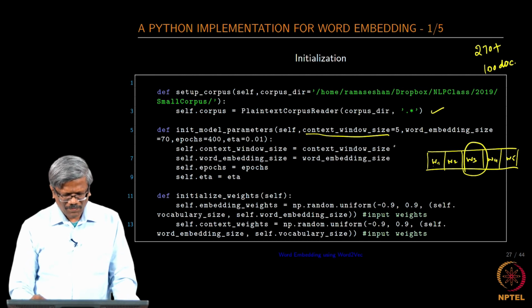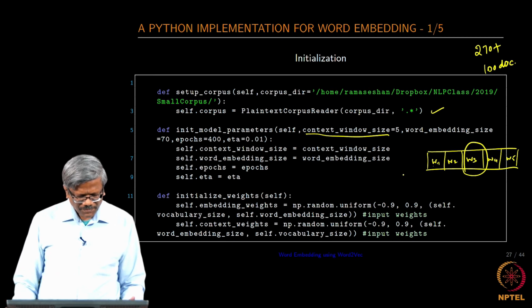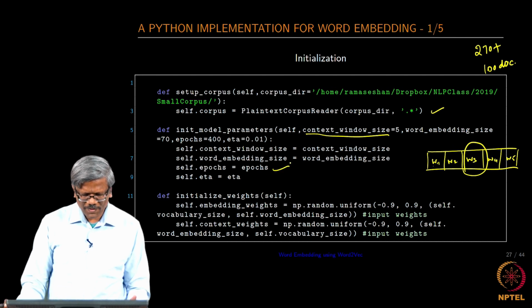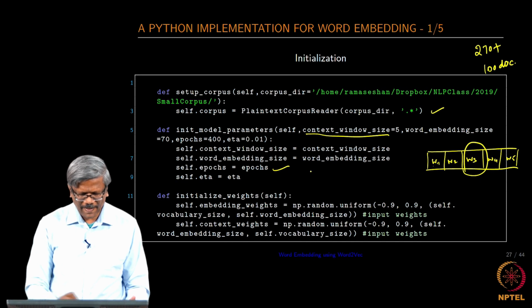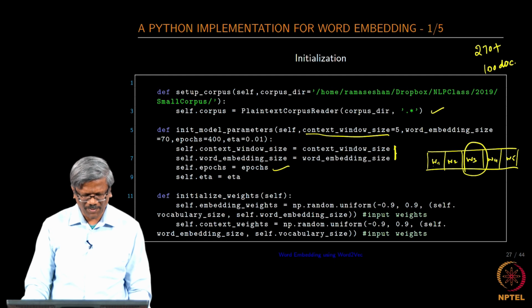Okay. So, I have the number of epochs, and then the context window size, and these are the initializations that you can provide when you start the program.